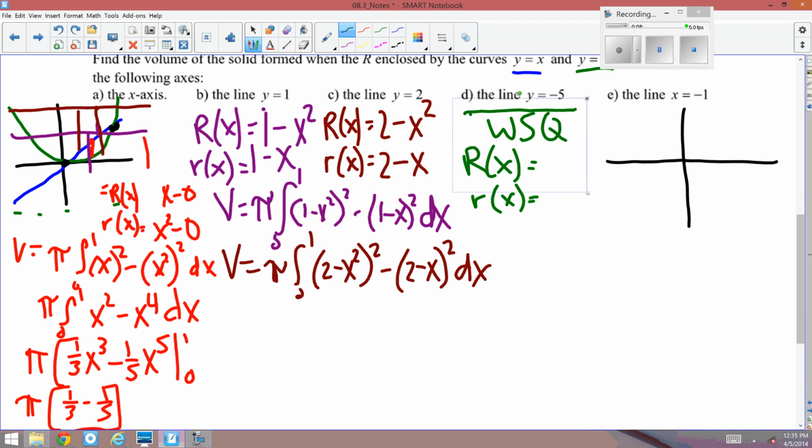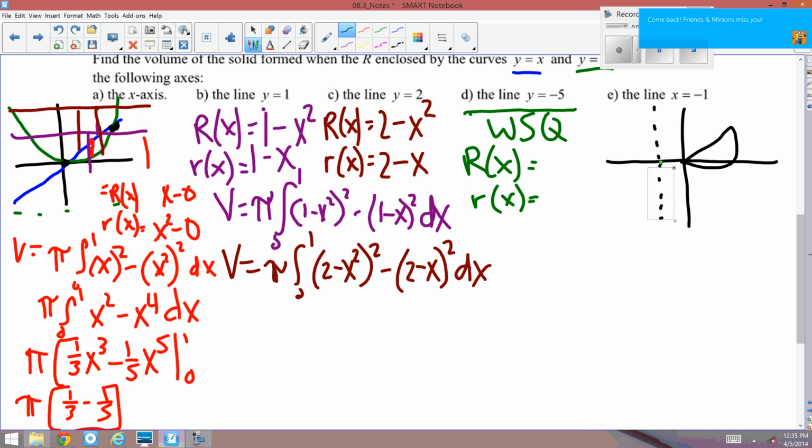All right, so here's my two graphs, and I'm going to rotate it now about this line. Oh, x equals -1. Here's my graph of my functions. X equals -1, so over here. All right, and this was my x squared function. Bad drawing, that's okay. Here's my x function.